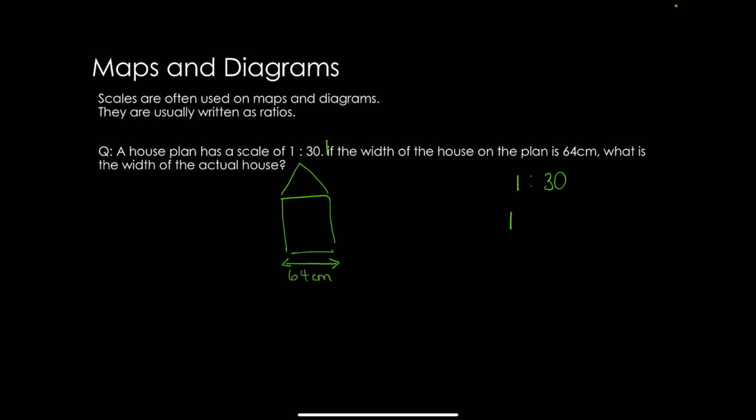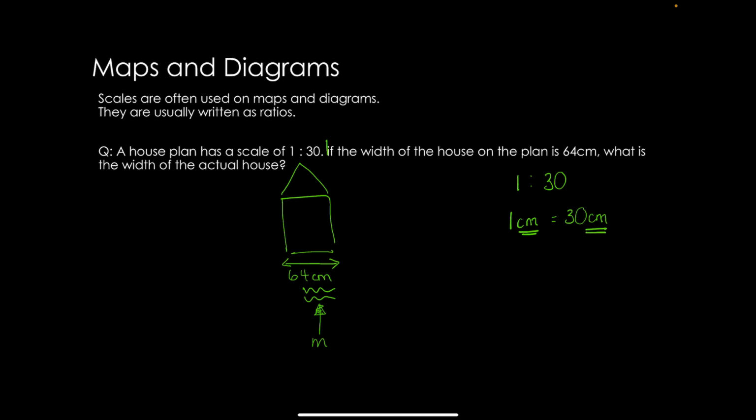Again, you need to assume that that's 1 centimetre is the same as 30 centimetres in real life. The reason it's centimetres is because they're measuring the house in centimetres. If they measured this in metres, we would then have to assume that it's 1 metre on the plan, 30 metres in real life.